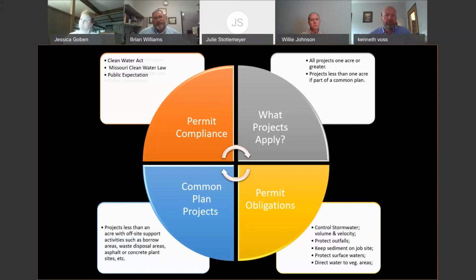Everybody used to think keeping sediment on our job was the only thing we had to do. And as you can see, that's actually number 3 on the list. So understanding what these obligations are is critical from a design perspective to be able to put together a set of plans that meets the permit requirements and functions out in the field.